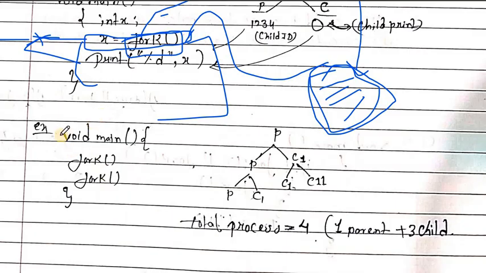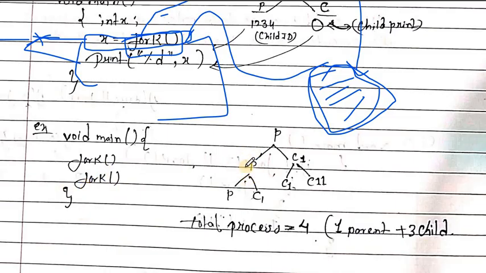Here's another example. Void main has a fork. After the fork executes, it divides the process into two parts, parent and child. Then each of the two processes has its own fork.